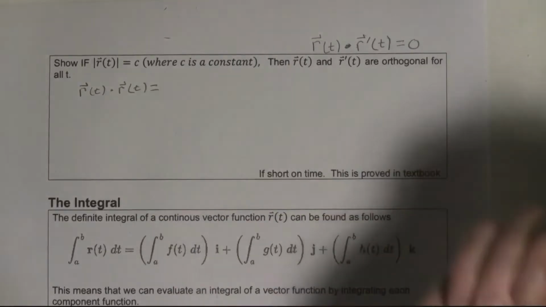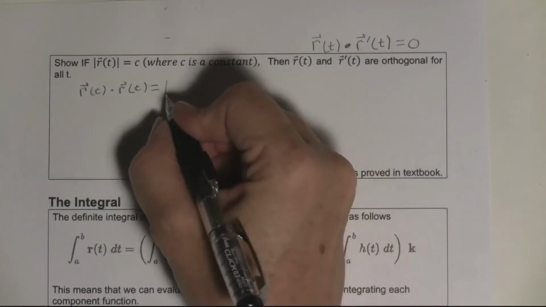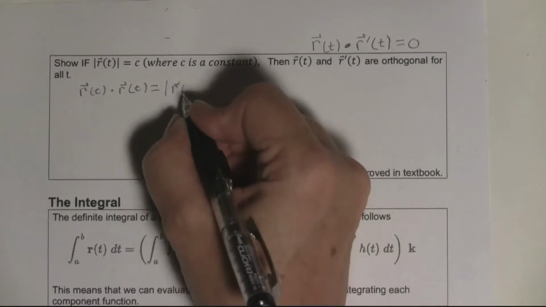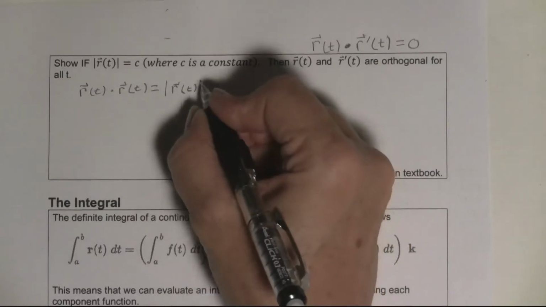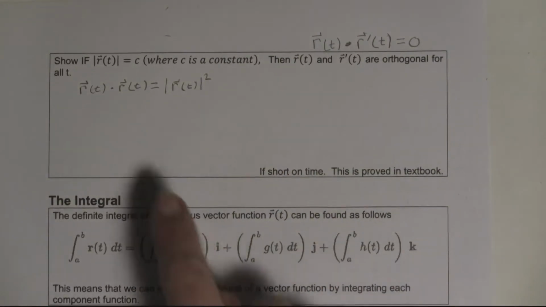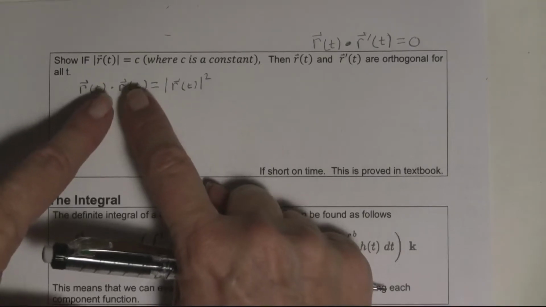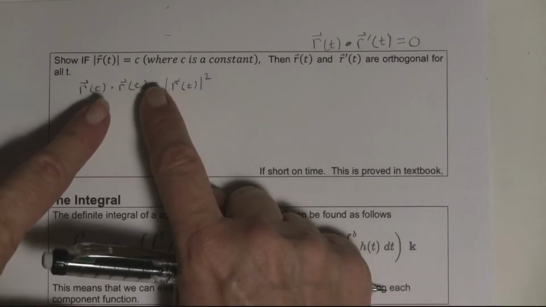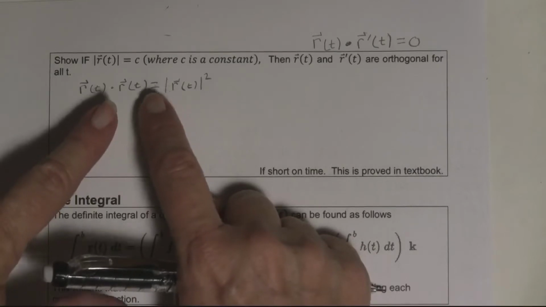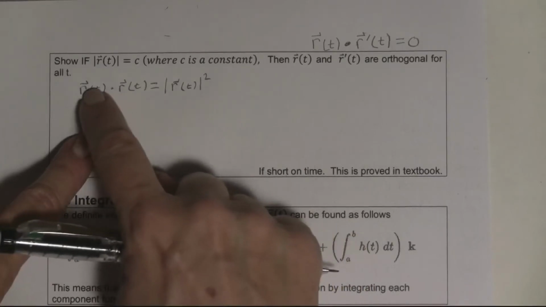You'll recall from when we dotted two vectors that were the same together, we did this in chapter 12, that was equal to the magnitude of r at t squared. You can think about it and reason it out again, right? You multiply the components for x together, for y together, and for z together.